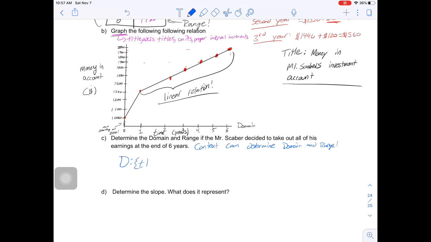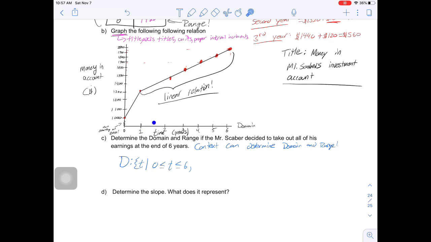So domain is t, such that 0 is less than or equal to t, and t is less than or equal to 6. And can I be in between here? I absolutely can. I can exist in between 1 and 2 years.